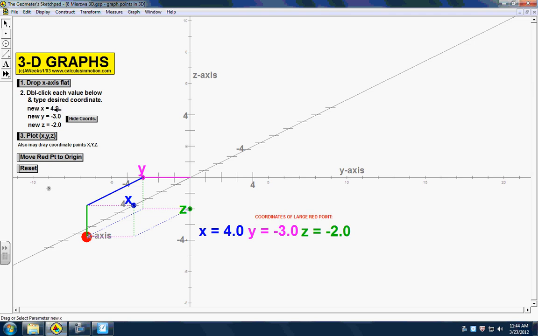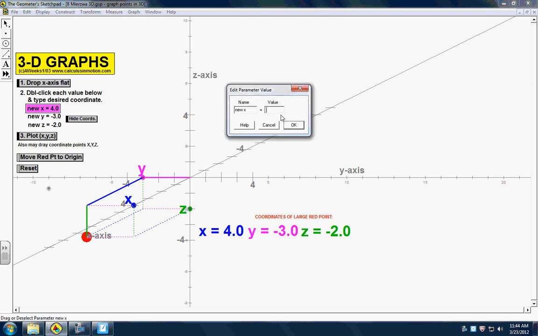So let's change this up so you can see a different one. Let's go -5 in the x. Let's go positive 7 y. And let's make this z, let's go positive 4.